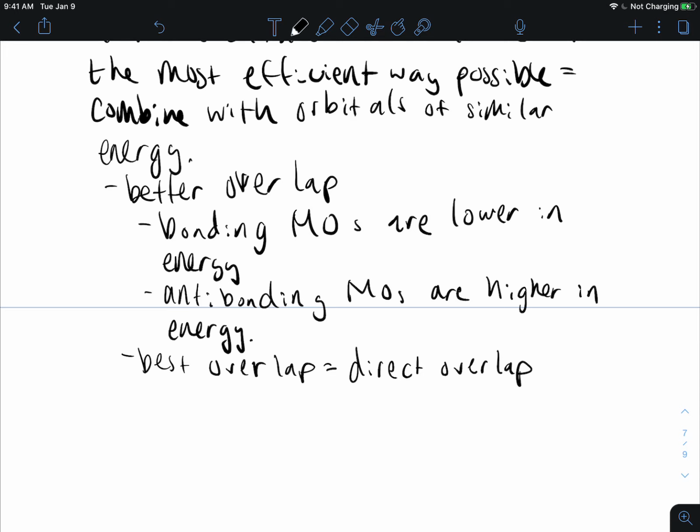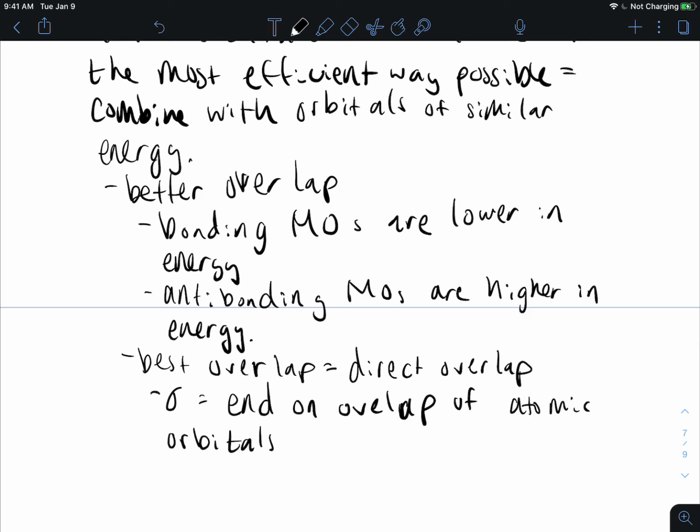So our sigma and sigma stars will produce the most effective overlap of atomic orbitals. So it's going to have a significantly lower bonding orbital and higher antibonding MO.